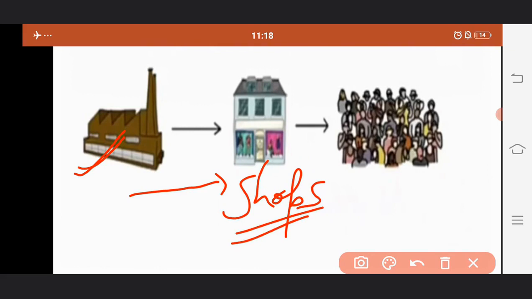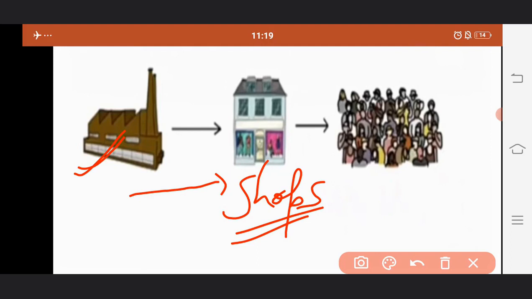Is that clear? So, just to buy the material, shopkeepers pay some amount to the industry. Then the amount paid by the shopkeepers just to get the materials or the product is known as cost price.